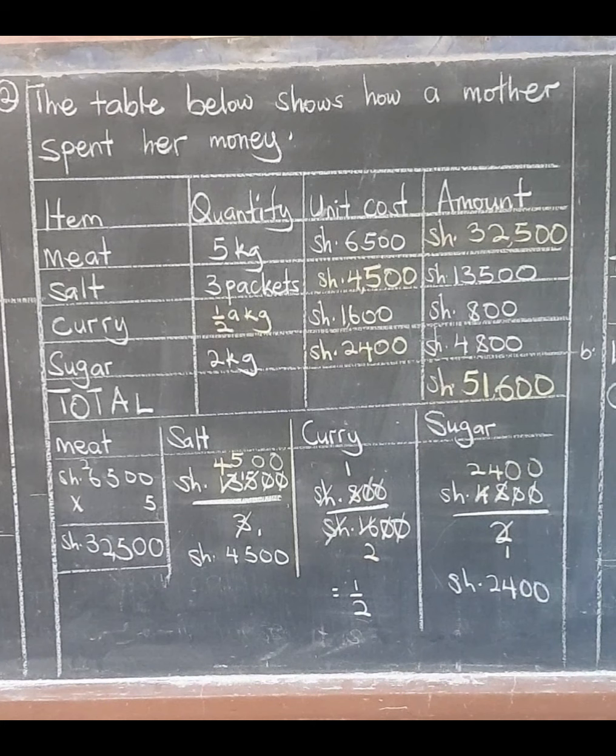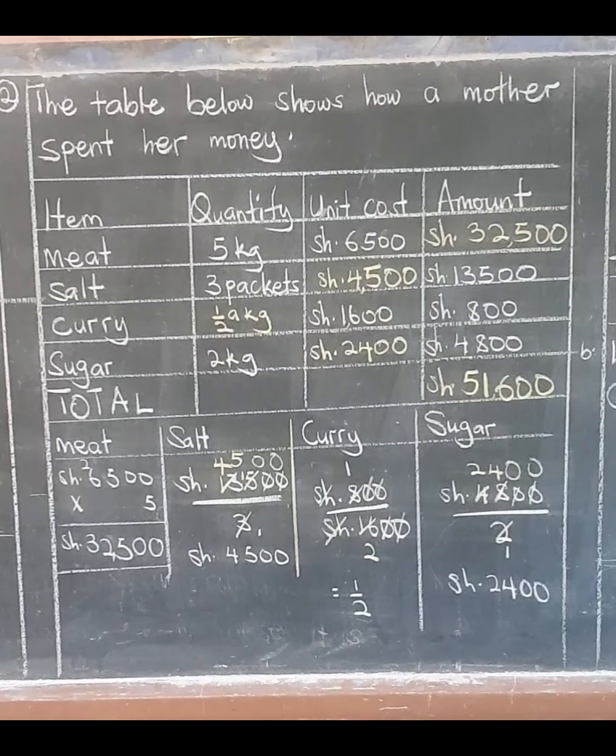Quantity is equal to amount divided by unit cost. For carry, our amount is 800 shillings divided by 1,600 shillings. Being that we're dividing and we have the same units, we shall cross out the units.